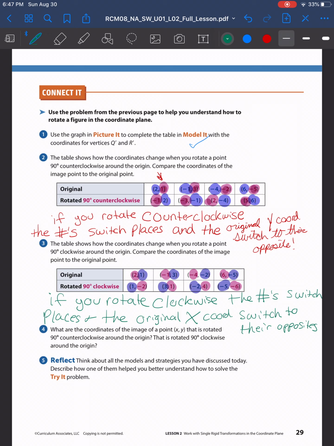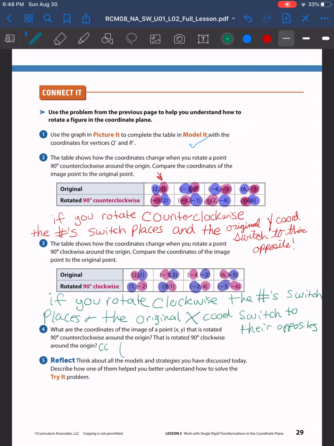Okay. So number 4 is literally just asking, what do you notice about if we have a point X, Y, they're both positive, and let's say it rotates 90 degrees counterclockwise, CC, what will the new points be? If we have X, Y, and it goes counterclockwise, remember, first of all, they switch places, right?